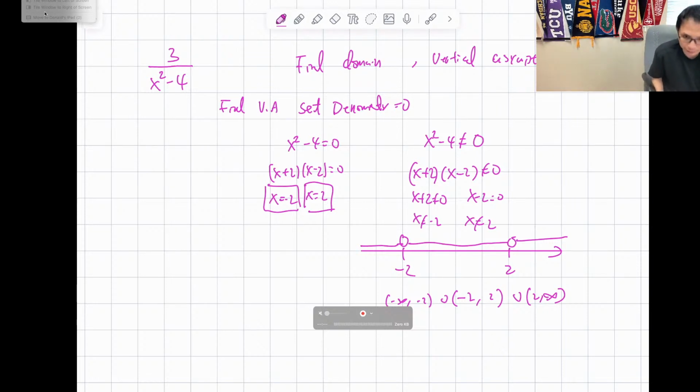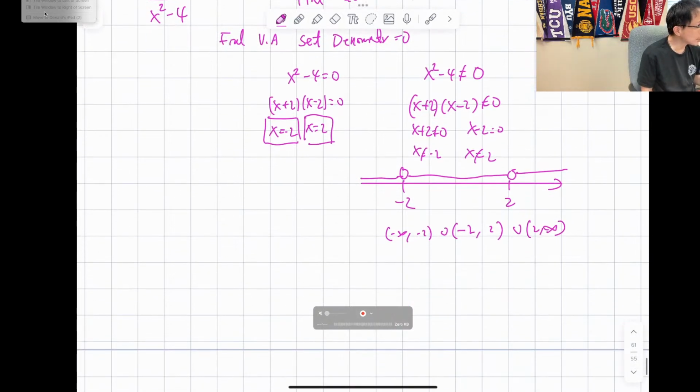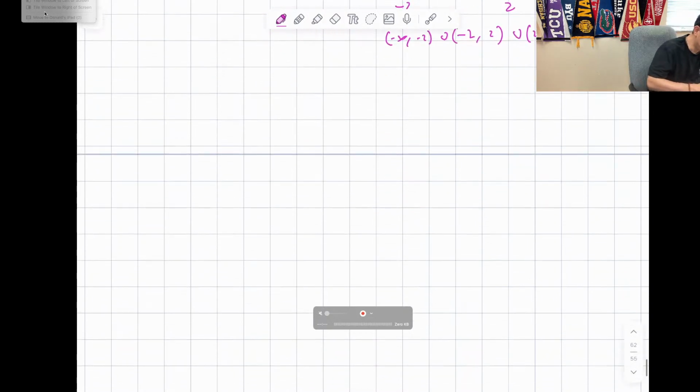Now, what we're going to talk about next is how do you find something called a removable discontinuity? Today we learned a new word. It's called removable discontinuity.